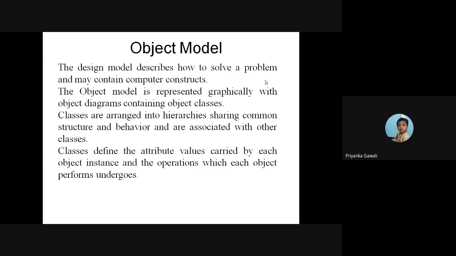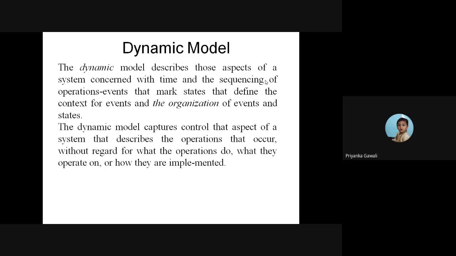The class defines the attribute values carried by each object instance and the operations which each object performs or undergoes. So the dynamic model describes those aspects of a system concerned with time and sequencing of operations, events that mark stages, that define the context of events, and the organization of events and the stages.